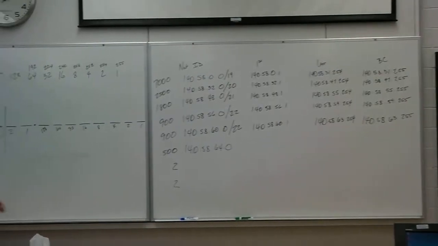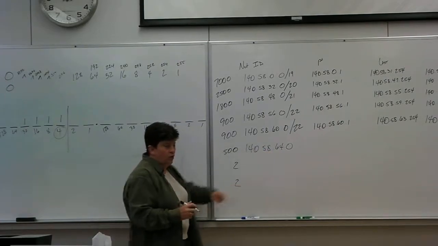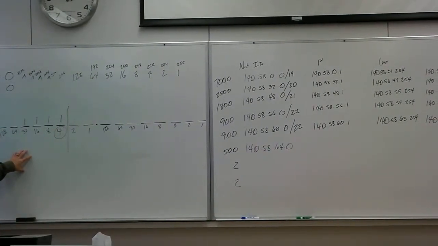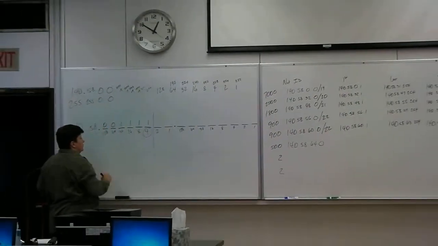Now what you can do, I need this number, this 64, written over here. Technically what I'm doing is counting up in binary over here. Because right now, I have this.